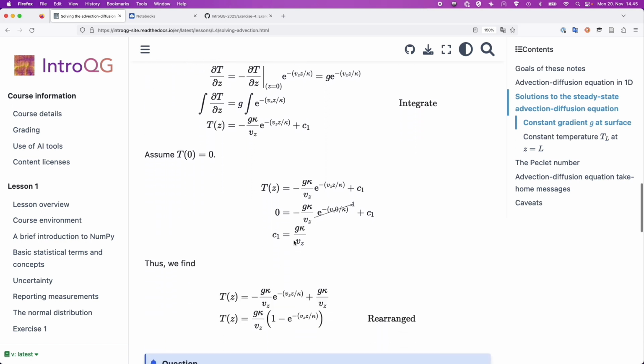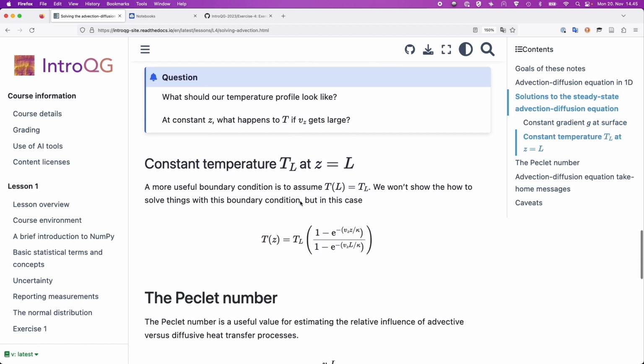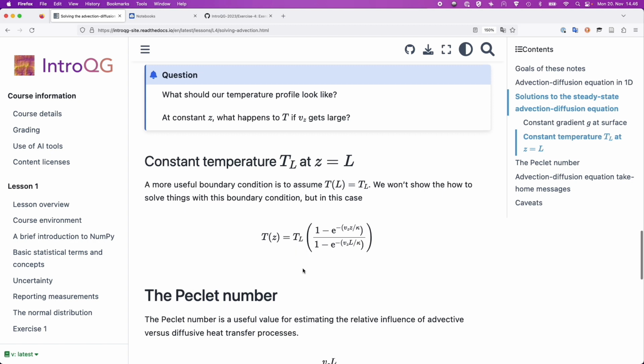So you can find that on the course page. There's another example of how to do the same thing. I don't show the math, but just in case you're curious about how to do the equivalent solution where you assume that you know the temperature at some depth and you know the temperature at the surface, you can also calculate that example and the equations are given here.